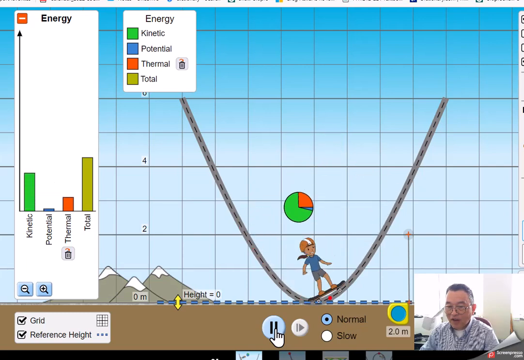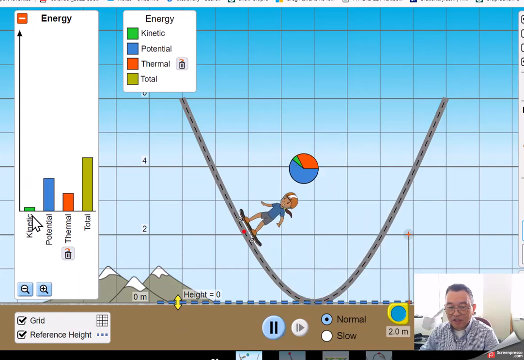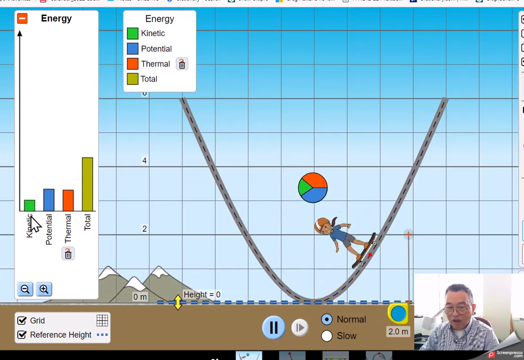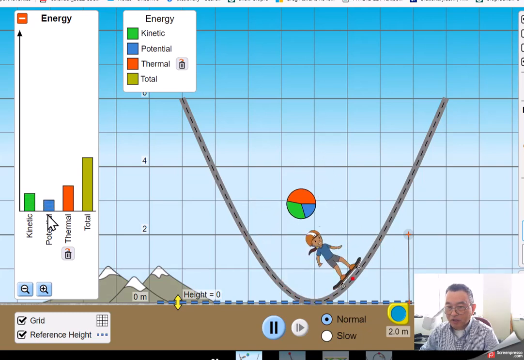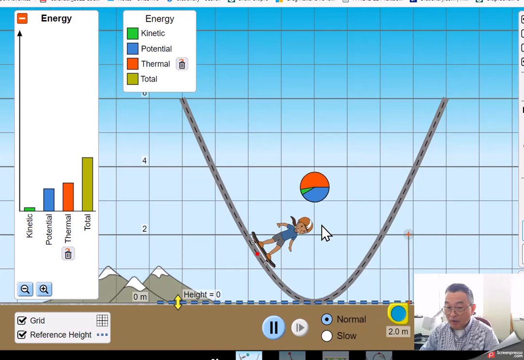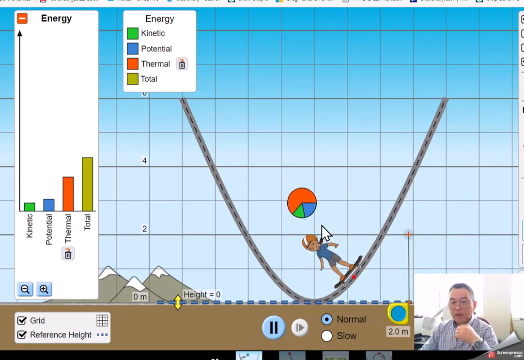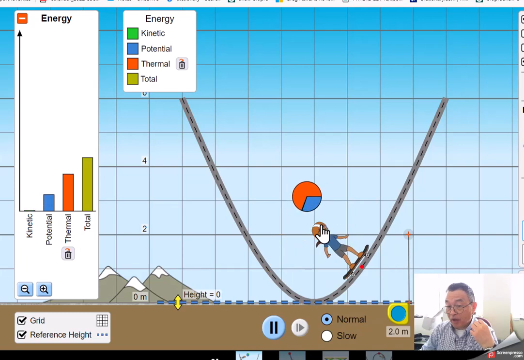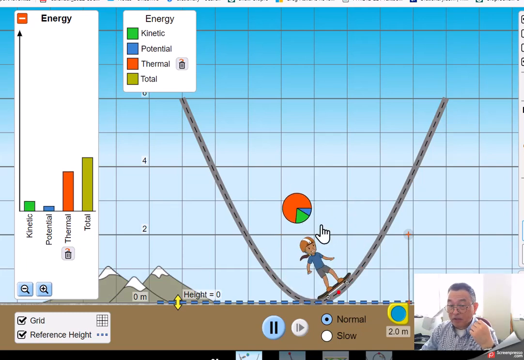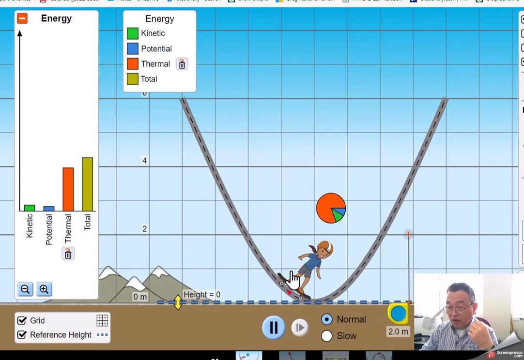When it's getting faster, the kinetic energy is calculated over here, and also the potential energy, simply mass times g times the height. Since g and mass are both constant, the potential energy is basically related to the height of the skater here.